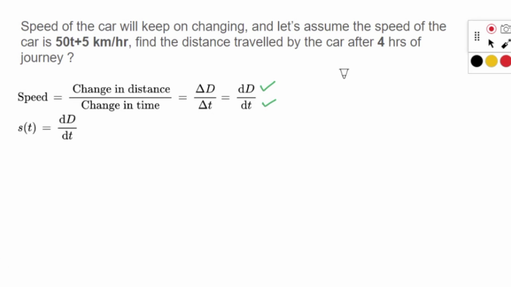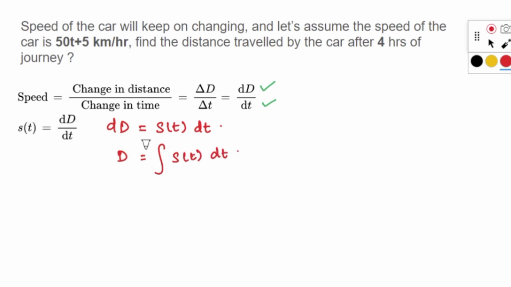Fine. Here I am looking for the distance, so I am keeping dd on one side, and I'm pushing this dt to the other side. So s of t dt, right? I am looking for a distance, so to remove the differentiation, I am going with integration. So the integral of s of t dt.